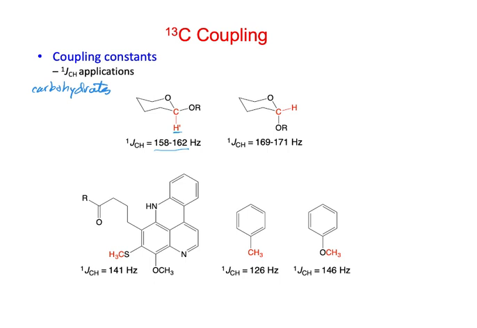We would call this a beta anomer. Or if it's equatorial, this would be the alpha anomer, it's bigger, 169 to 171.